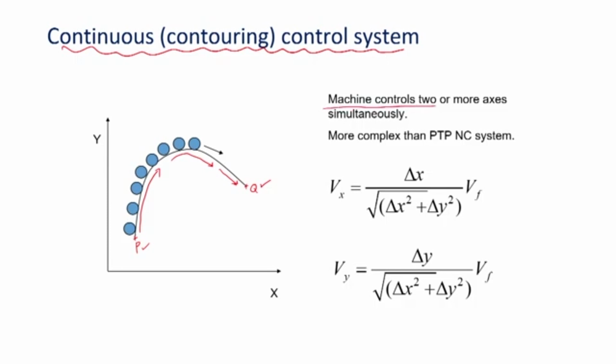feed rate, delta x is the increment along x axis, delta y is the increment along y axis.